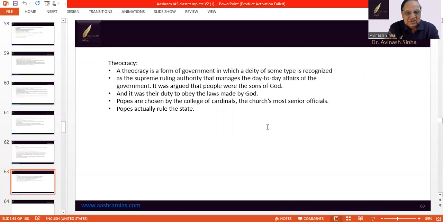It was argued that people were the sons of God, and so it was their duty to obey the laws made by God. It is this way that theocracy runs. Popes are chosen by the College of Cardinals, the church's most senior officials, and popes actually rule the state.